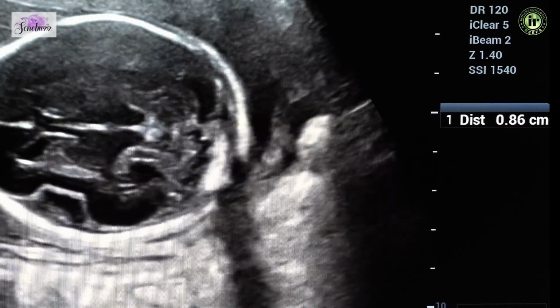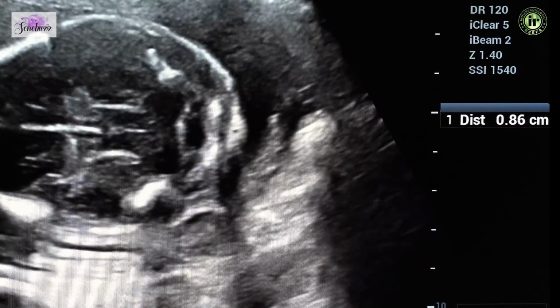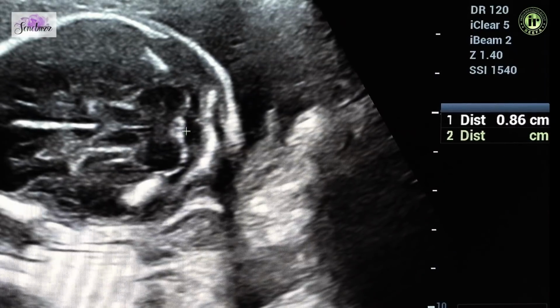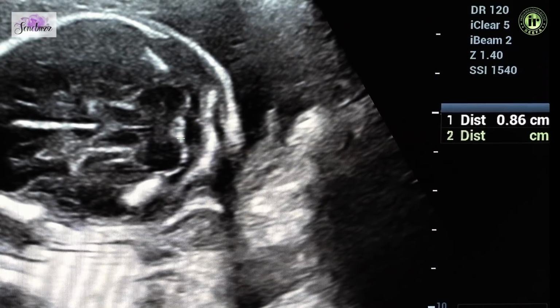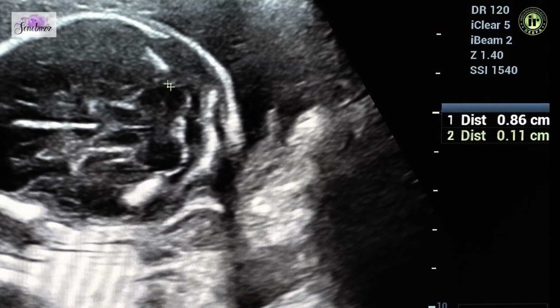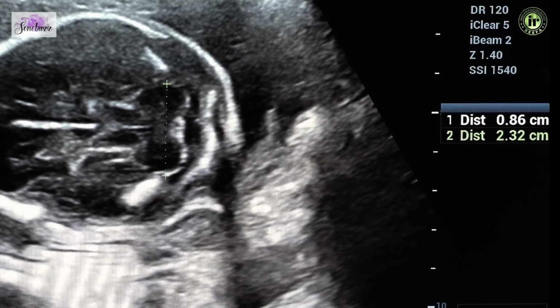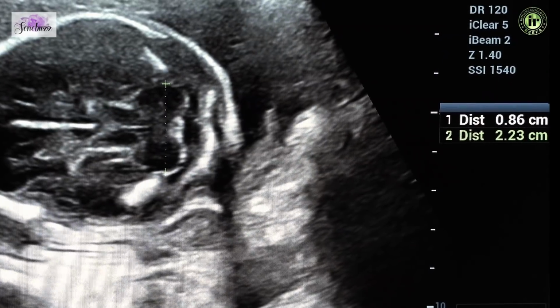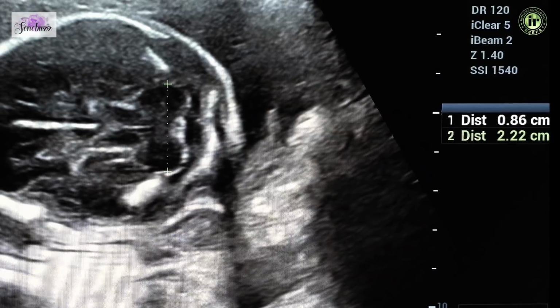Then we start looking at the cerebellum. What you can see here is the cerebellum, and this is the vermis. In the axial scan, you can see only this much portion of the vermis. This is the transcerebellar diameter, and if you put it in the measurement, it will give you the number of weeks also.